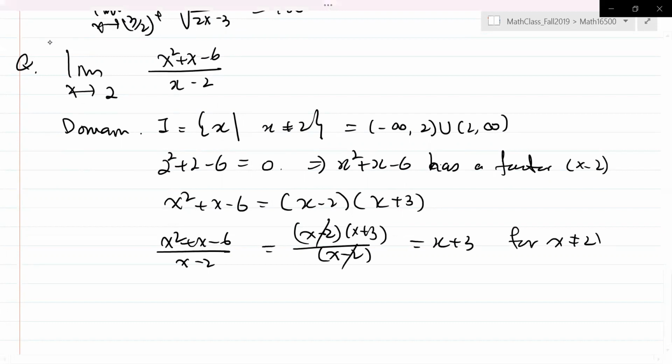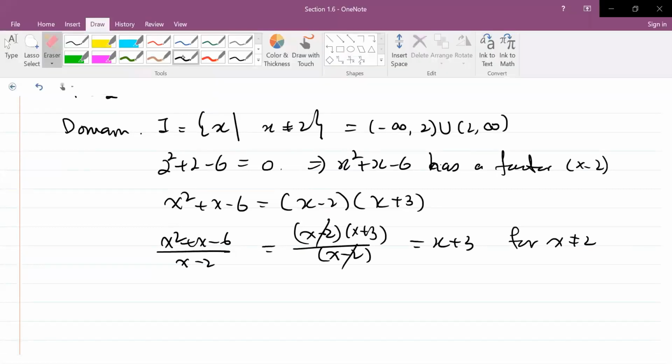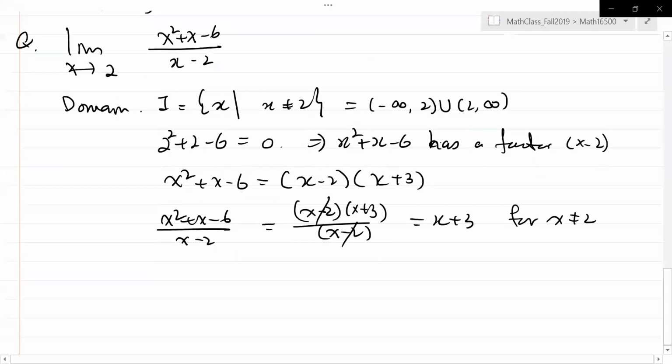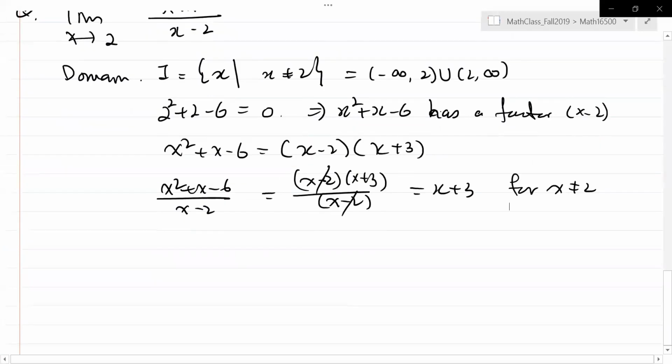Okay, now this identity holds for x not equal to 2. And then when you let x go to 2, you just need to focus on x plus 3. And clearly x plus 3 approaches 2 plus 3, which is 5, as x approaches 2.